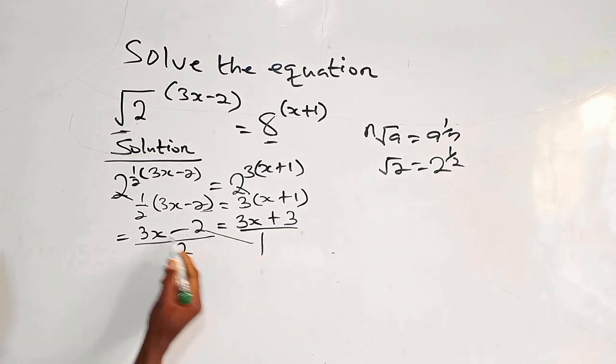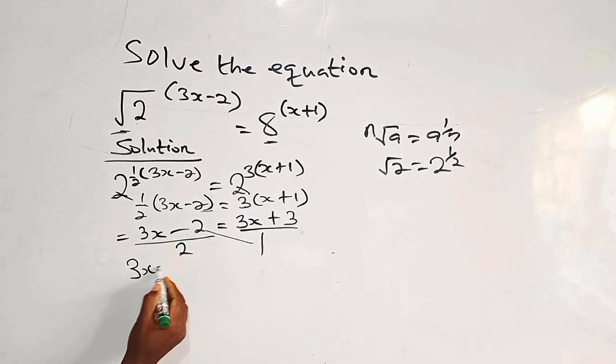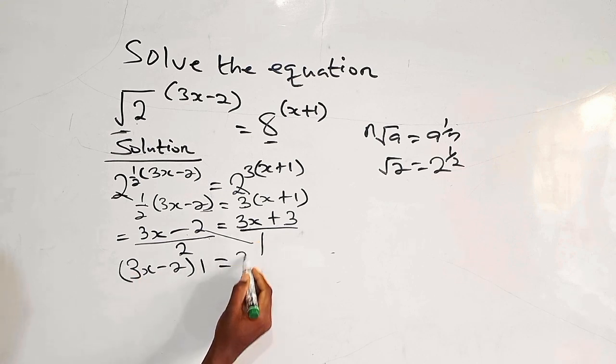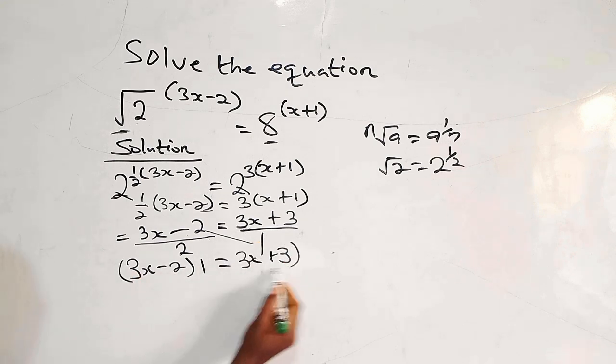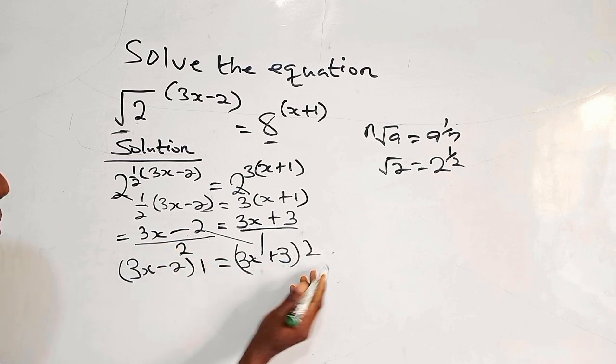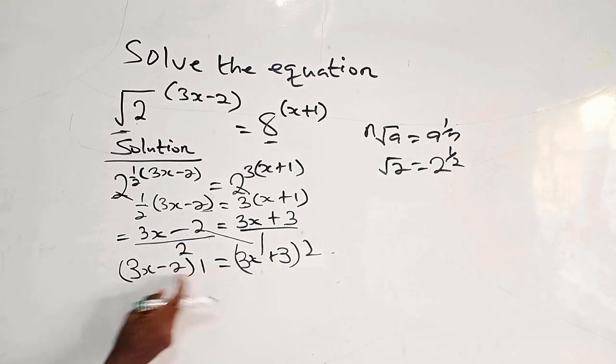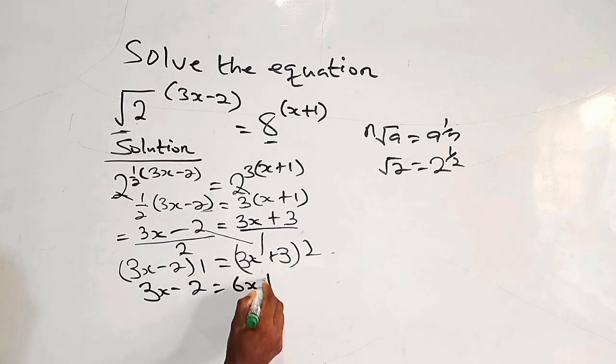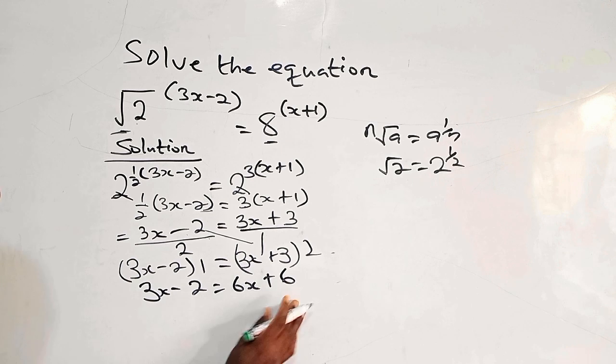So here we have 3x minus 2 times 1 equals 3x plus 3 times 2. So when you open up, you have 1 times 3x to be 3x, minus 1 times 2 to be 2, 2 times 3x is 6x, plus 2 times 3, that is 6.